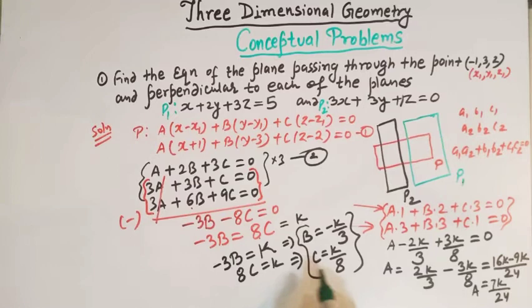Now the value of a is 7k by 24, the value of b is minus k by 3, and c is k by 8, right?